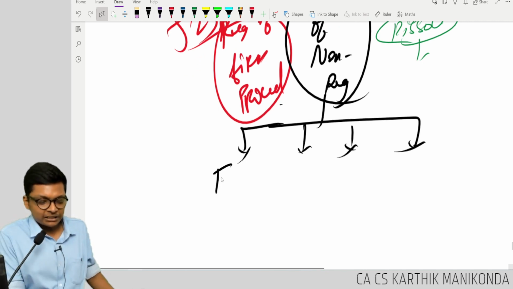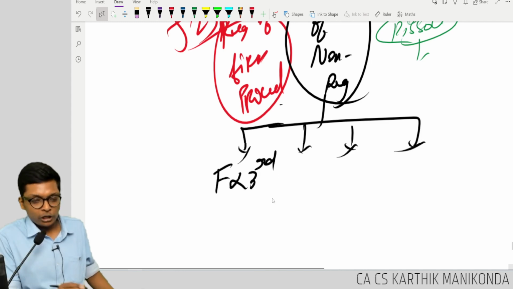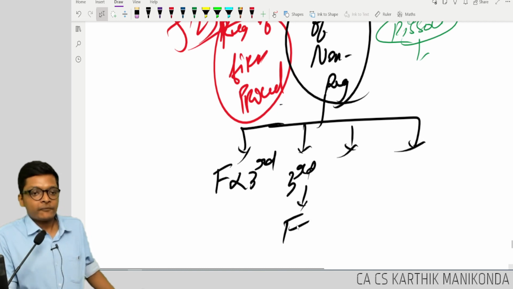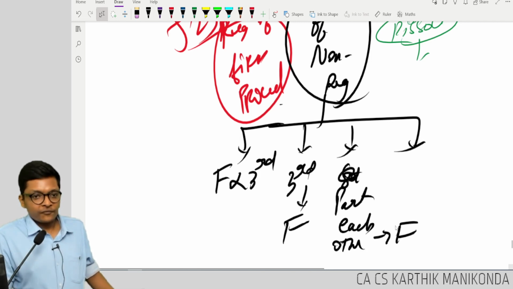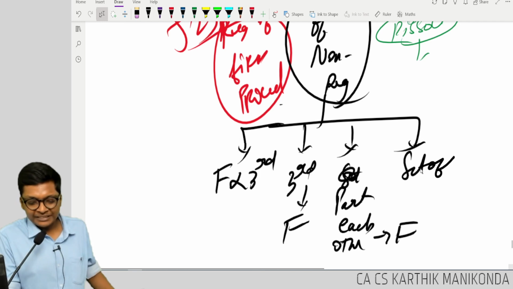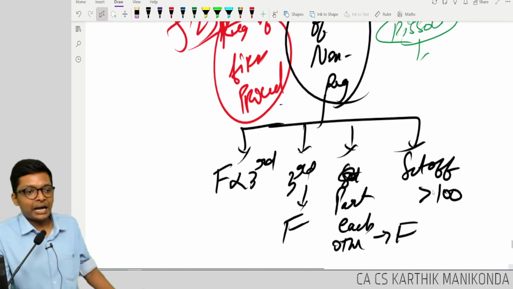It says the firm cannot sue a third party, but a third party can sue the firm. Partners cannot sue each other or the firm. Set off is not available for more than 100.